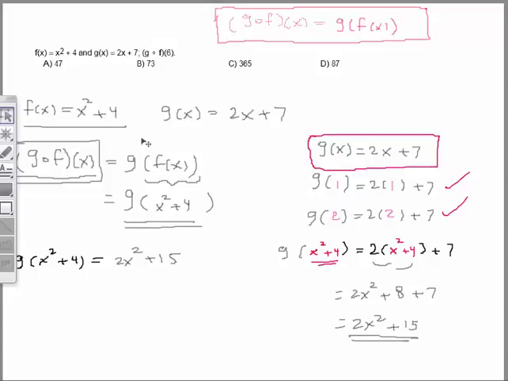Okay, so the composition of g with respect to f, we figured, is 2x squared plus 15. So what is the composition of g with respect to f of, in this case they're saying, 6? That's all I have to do, just substitute 6 for each x here.